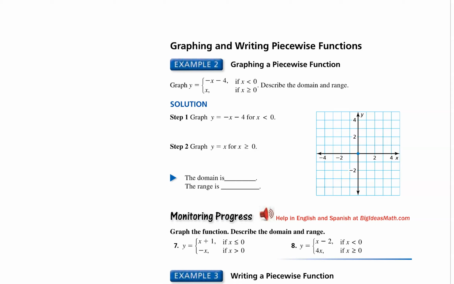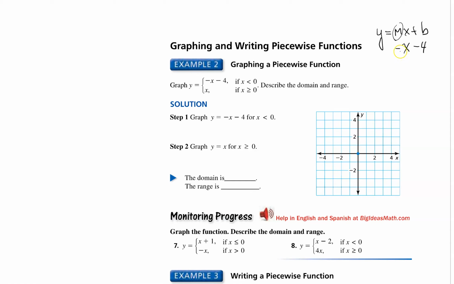So first step, graph y equals negative x minus 4 for x less than 0. Remember, if we go back to the idea of y equals mx plus b, writing negative x minus 4 in this way may help us to understand what the slope m is.